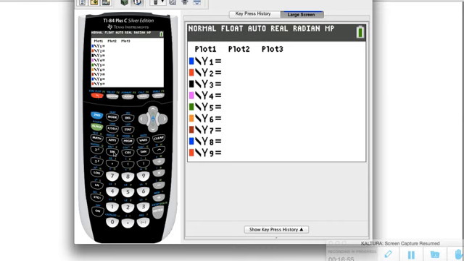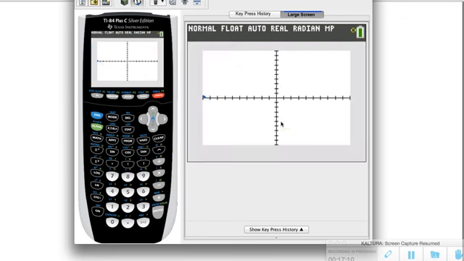Graph sine and cosine. Here's sine right here. Here's cosine right here. So if I wanted to graph sine, I would just type in sine of, and then press the variable button right there, and then ask the calculator to graph it.